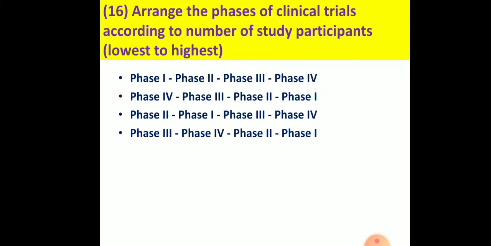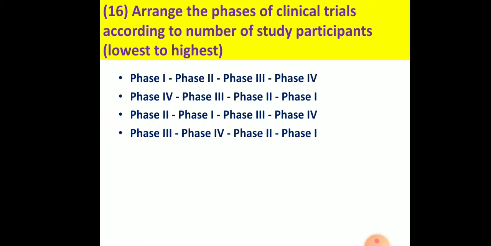Now arrange the phases of the clinical trial according to the number of study participants, lowest to highest. Okay, so here you should know the phase 1 clinical trial is done in healthy human volunteers. It is 30 to 40, so it is a 2 figure number. Phase 2 is done first in patients, and here the number of study participants is 100 to 300 or 400, so it is a 3 figure number.